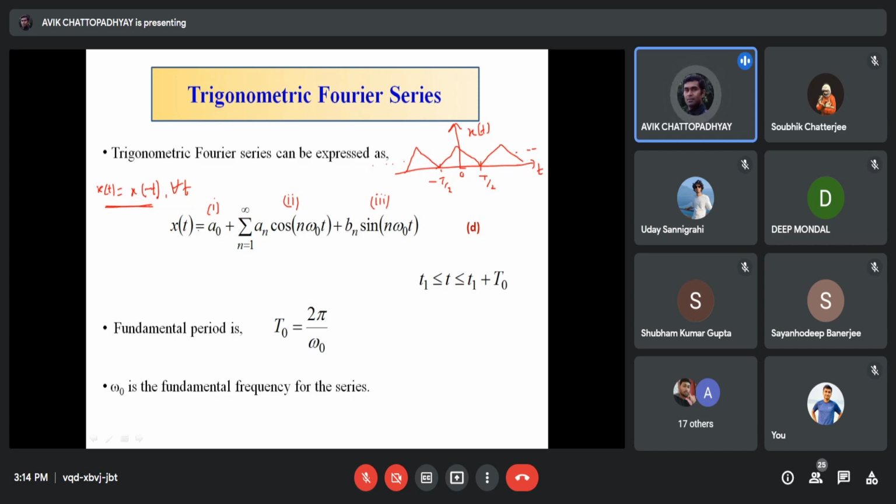So if I replace t at the right hand side, this term is independent of t, a constant term, so as if it is an even function. And if you replace t here, all the cosine terms will give you an even function.